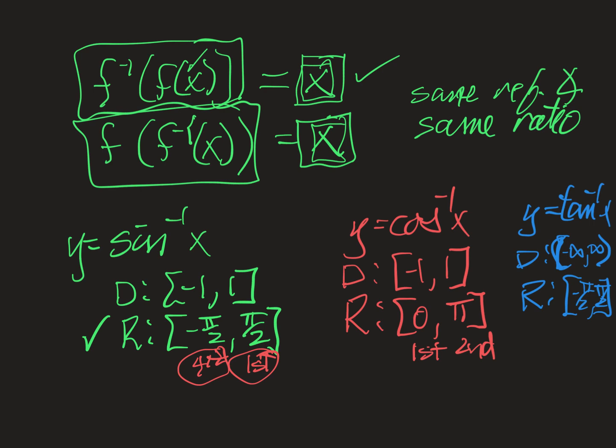Just so you know, secant will be like cosine, cosecant will be like sine, and cotangent will, I believe, act like tangent. Just keep that in mind. Okay, let's look at a few problems.